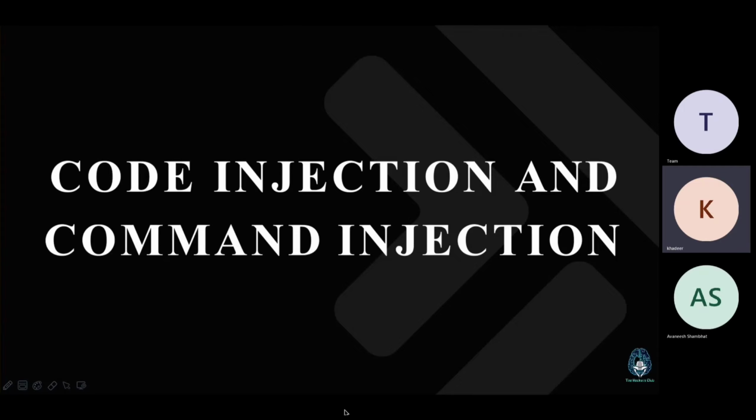In command injection, the attacker extends the default functionality of the application, which executes system commands without the necessity of injecting code. While code injection allows the attacker to add their own code that is then executed by the application. So here the attacker can create their own code and try to exploit the web application.